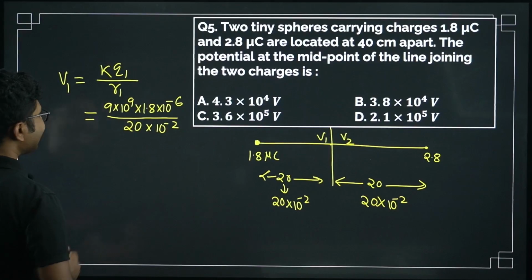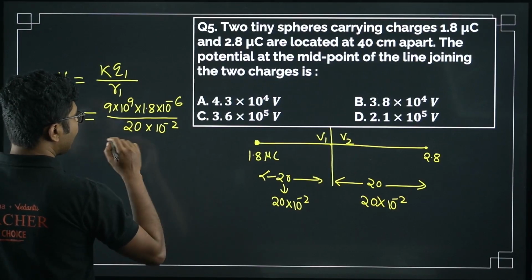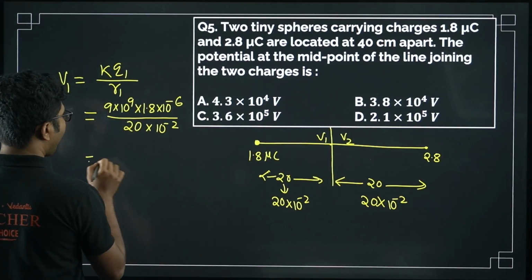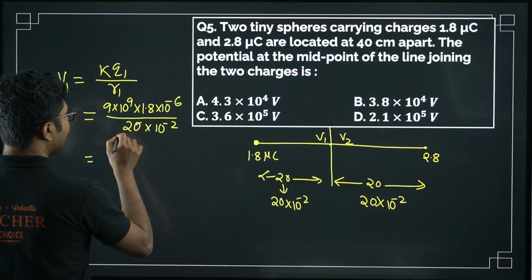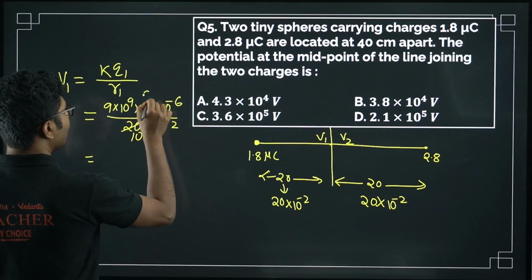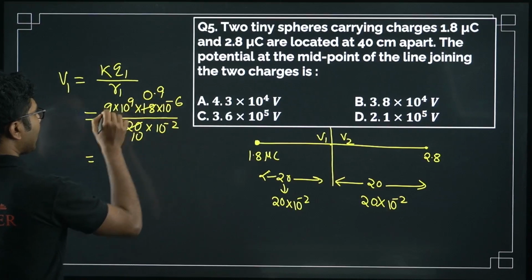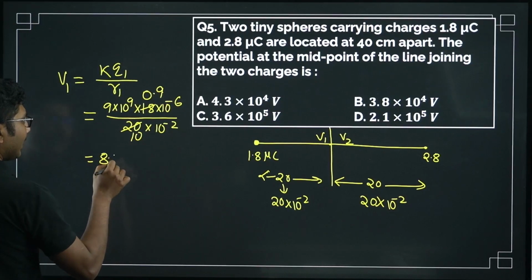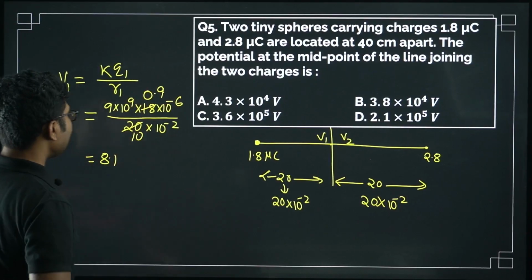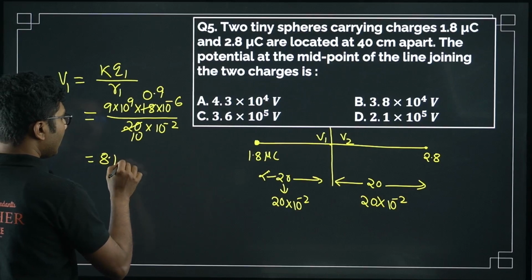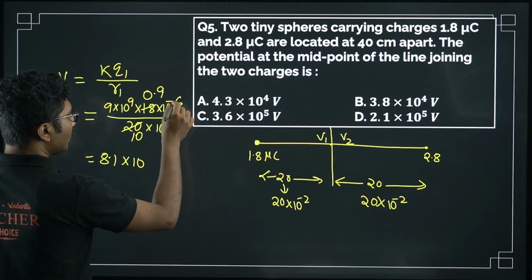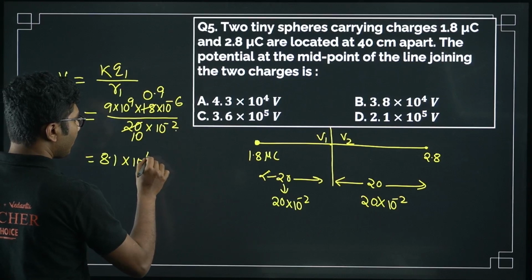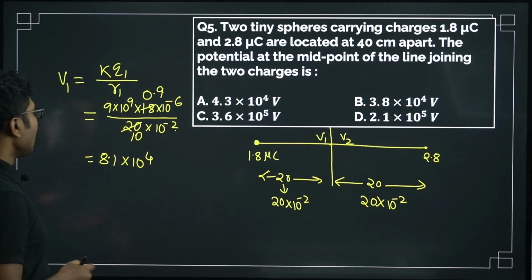Cancelling, we get 0.9 into 9, which is 8.1, so it will be 8.1 into 10 to the power of 4. So this is V1.